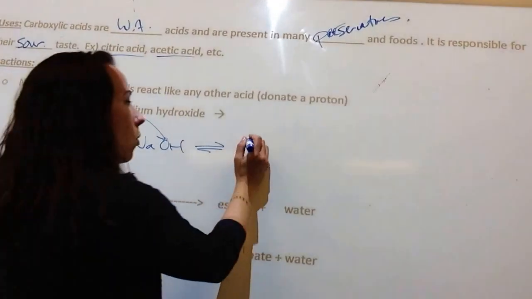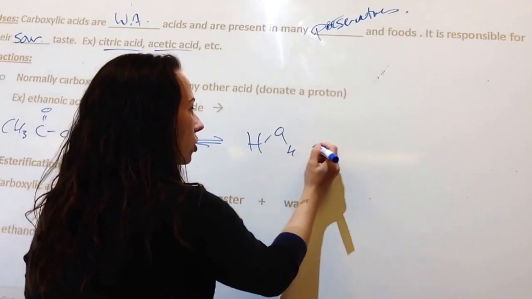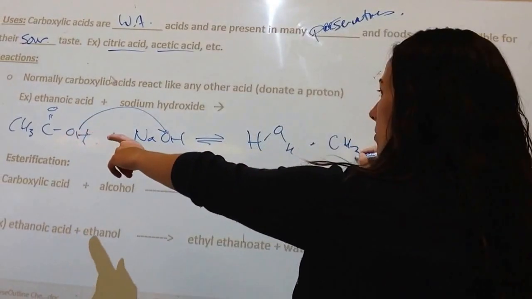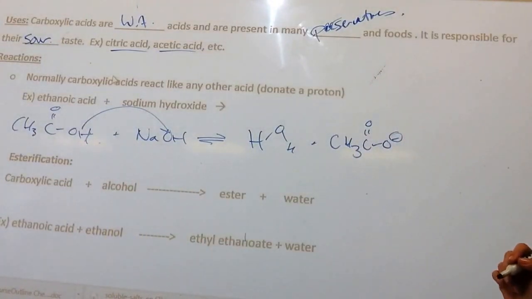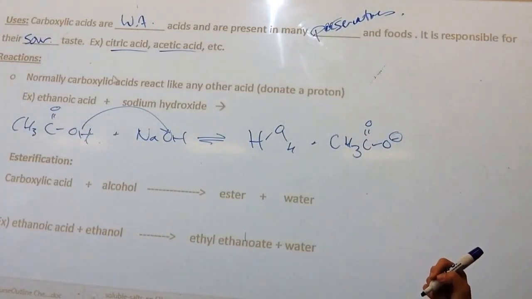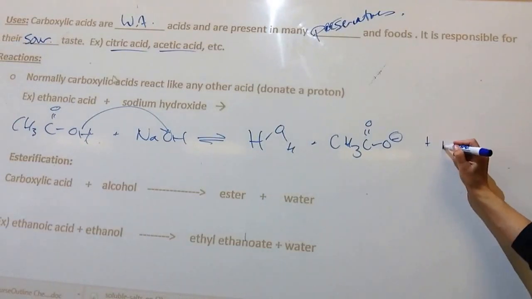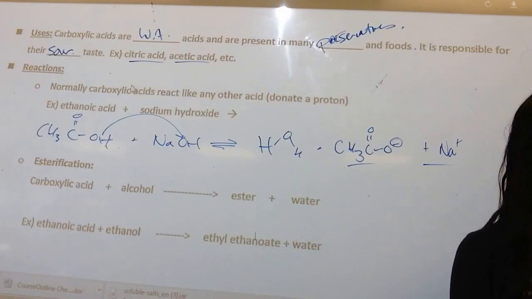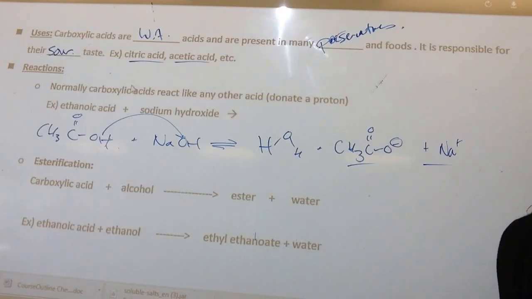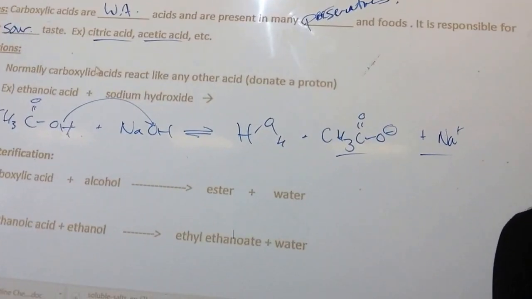And it becomes water, HOH. And ethanoic acid becomes CH3COO minus, or ethanoate, according to the polyatomic ion table in your data booklet. And the sodium is a spectator ion. I can write them both together, called sodium ethanoate, or I can write them separately depending on how you fancy. It totally doesn't matter.